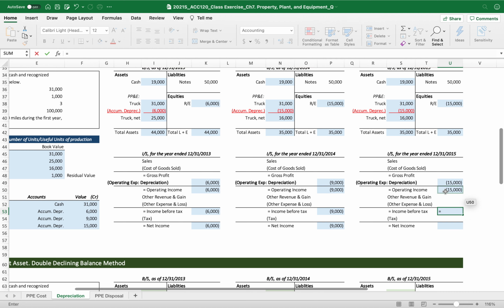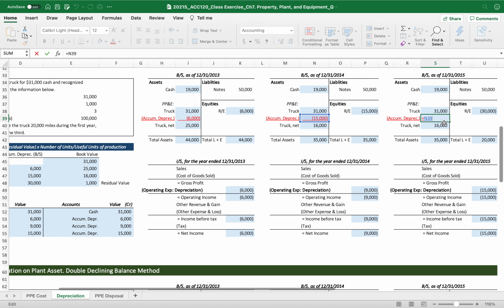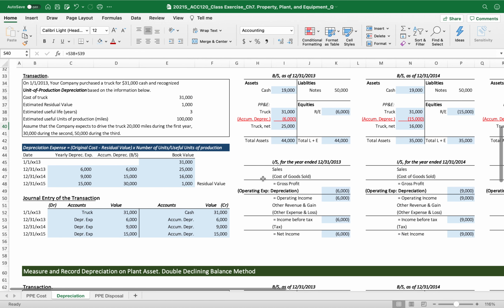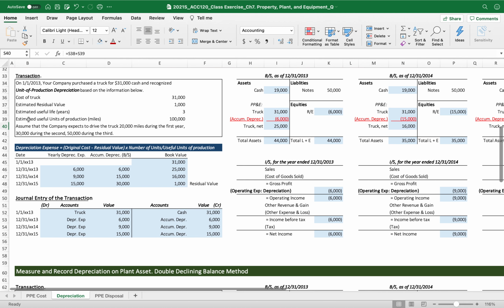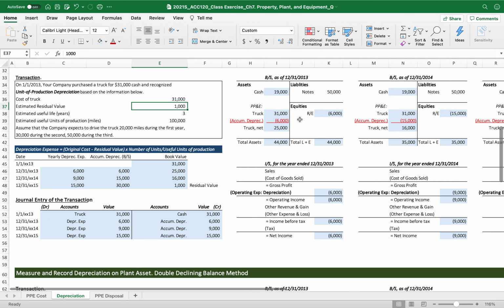Then income, ignoring tax in this case. So we added this net income into the retained earnings. Then we put the accumulated depreciation of the last year, $15,000. So we got only $1,000 as the truck book value, which is the same as the salvage value, this residual value, $1,000, as we expected.